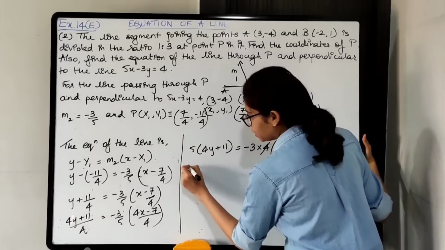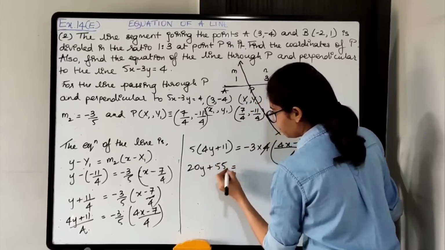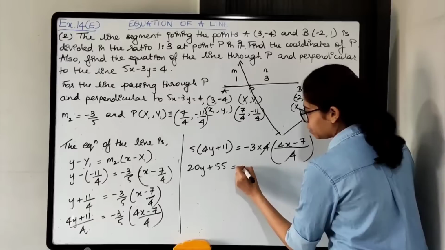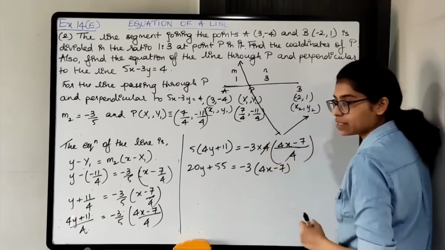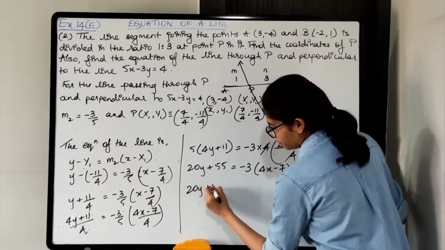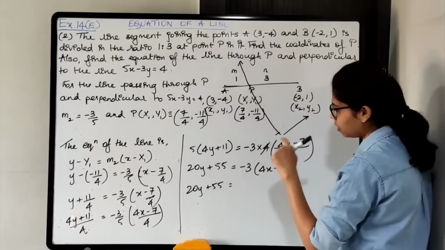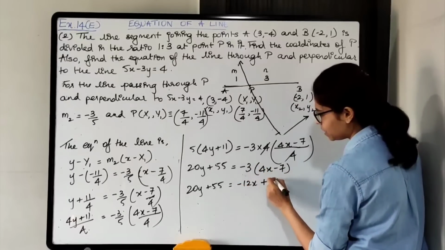Opening the brackets: 20y plus 5 11s are 55. Here we'll get -3 into 4x minus 7. 4 is cancelled. Okay, opening the brackets we'll get -12x, minus into minus is plus, 3 7s are 21.